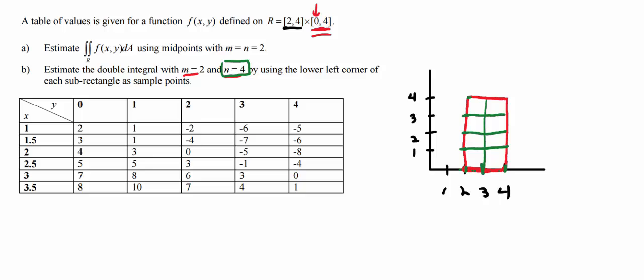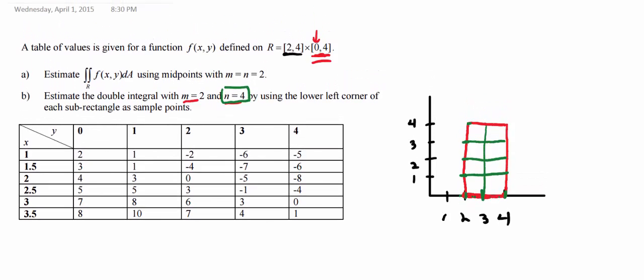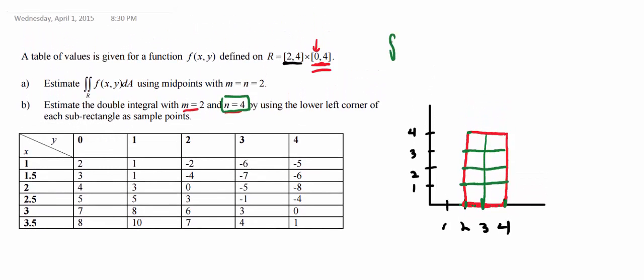And then you need to remember that the double integral can be estimated using what we call a double Riemann sum. The first sum would be from i equals 1 to m of the sum of j equals 1 to n.